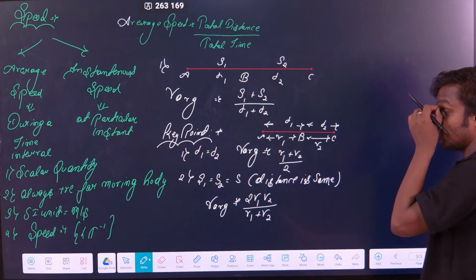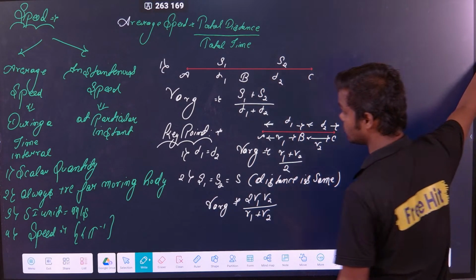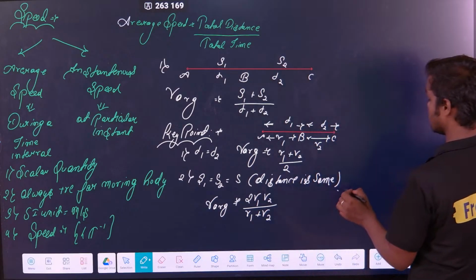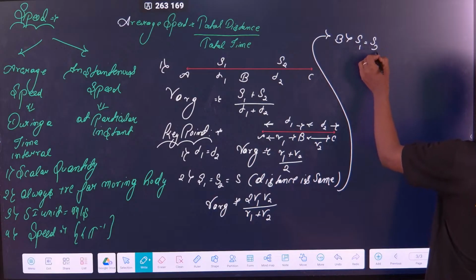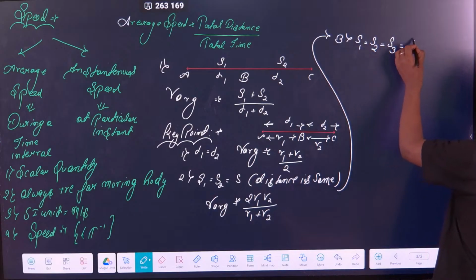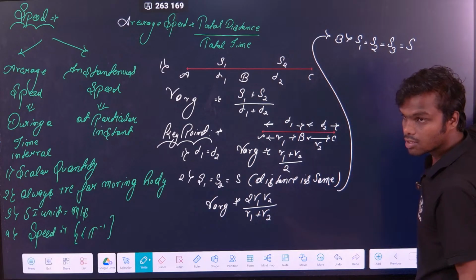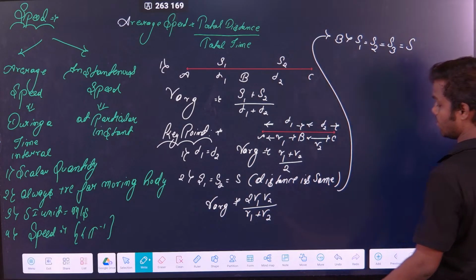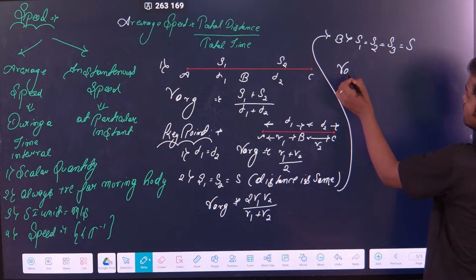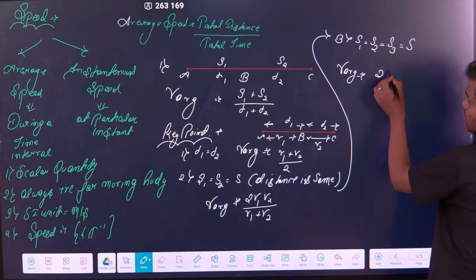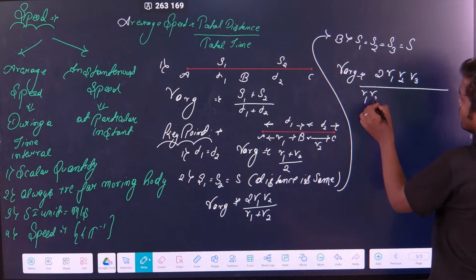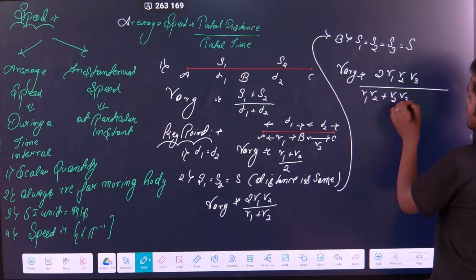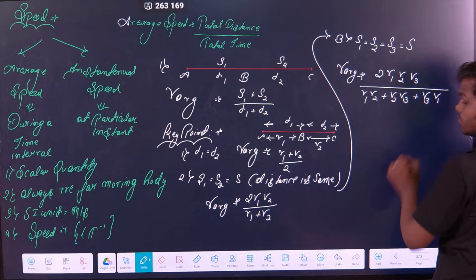And suppose I take some extra case, that is S1 is equal to S2 is equal to S3, that is equal to S. Suppose I have divided into 3 equal parts. Then in that case my V average will be what? Yes, it is 2 times V1 V2 V3 upon V1 V2 plus V2 V3 plus V3 V1.